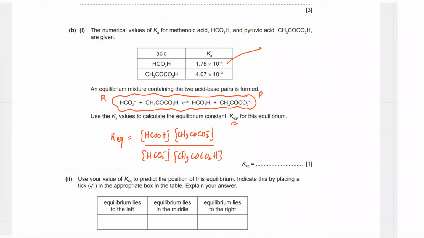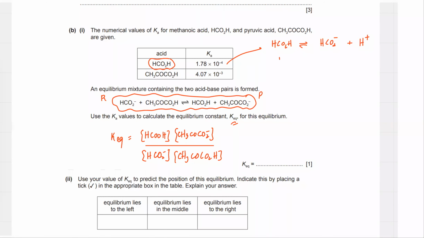For example, you've got HCO2H. What is the dissociation constant? It is the equilibrium constant for the dissociation of this weak acid. It forms HCO2 minus 1, and H plus 1 ions are released.